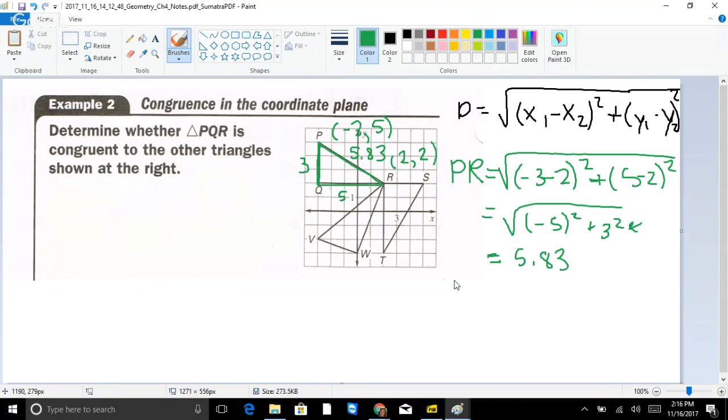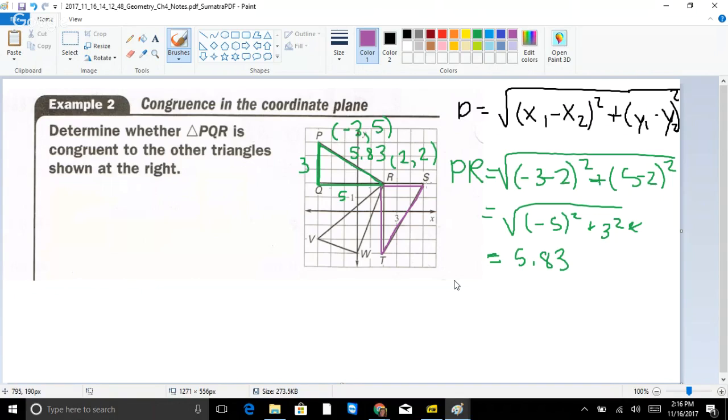Okay? All right, so we have the green triangle. Now we have to figure out if any other triangles are actually congruent to it. So let's do RST, because this one looks like an easy one. We've got RST in purple. The distance between R and S is 1, 2, 3.